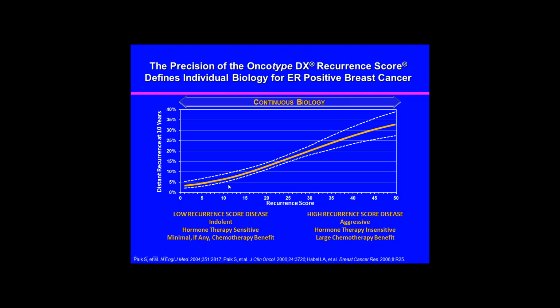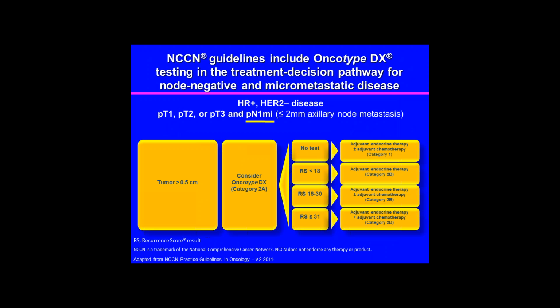If you have a low recurrence score, the tumor is relatively indolent, it's sensitive to hormone therapy, and there's minimum, if any, chemotherapy benefit. In contrast, if you have a high score, it's a more aggressive tumor that's largely insensitive to hormonal therapy, but conversely, and thankfully, a large chemotherapy benefit.